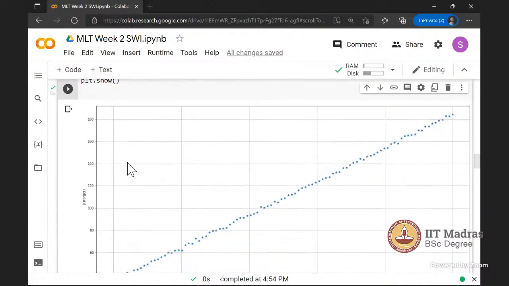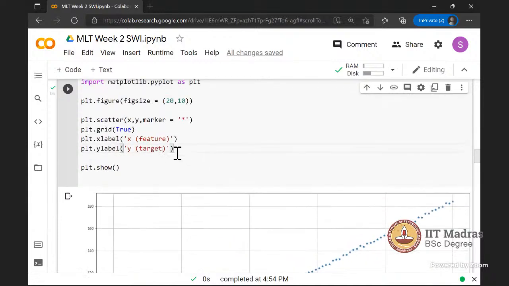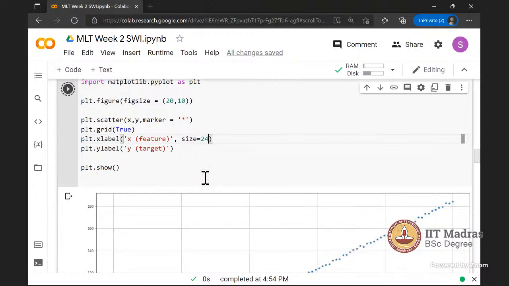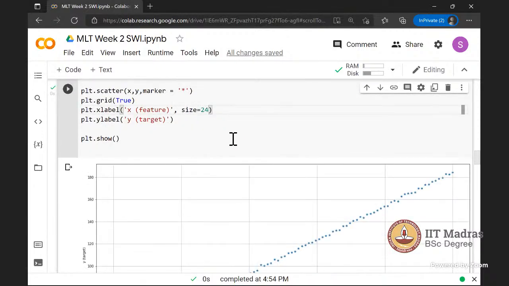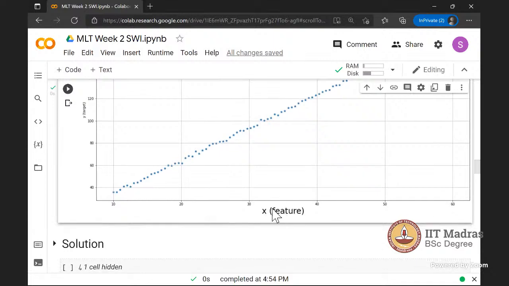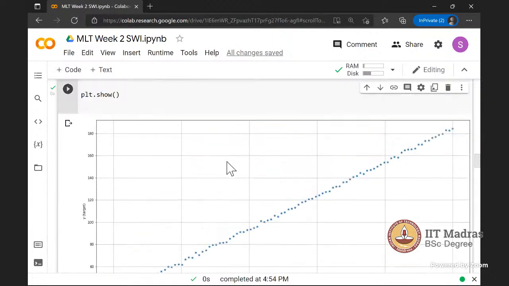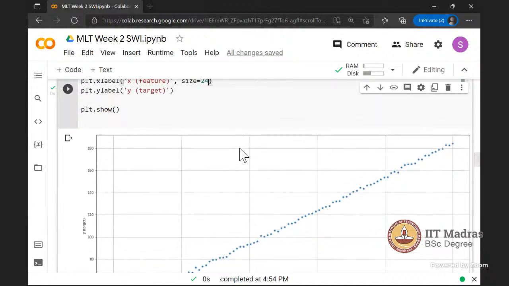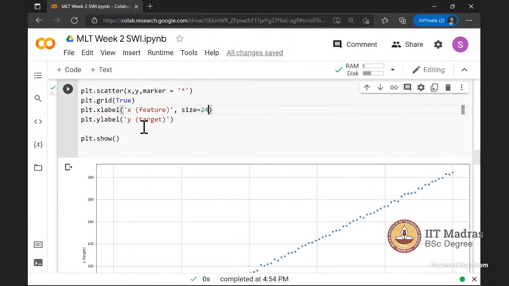All right, there you see, but they are very small in size. Can we increase the size of this text? Yes, give the argument size. Very good. Those of you who do not know this, these things will come very handy. See this one. Now it's much clearer to understand what's going on. If a chart is properly labeled, it is more readable.